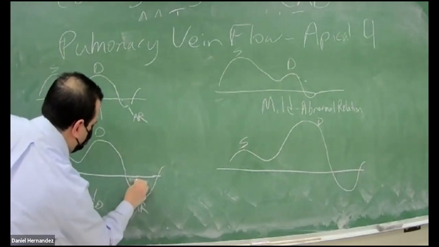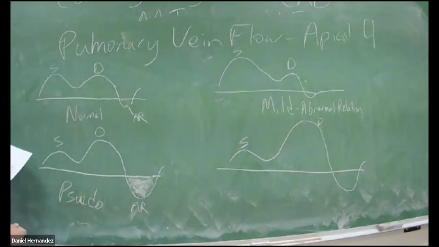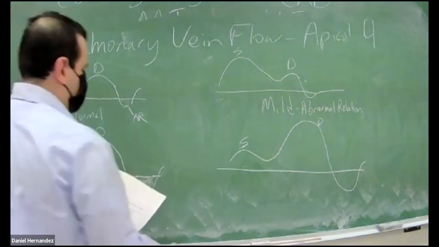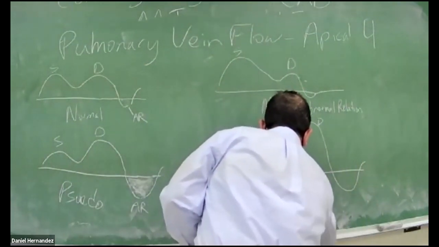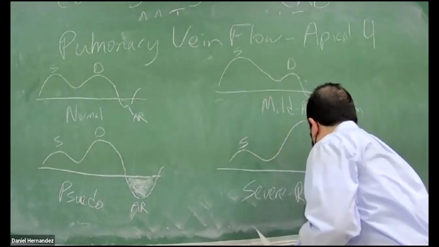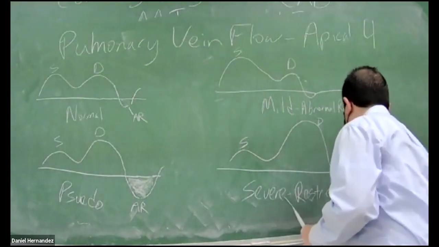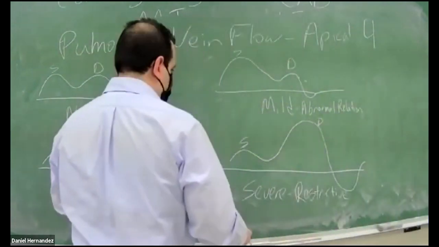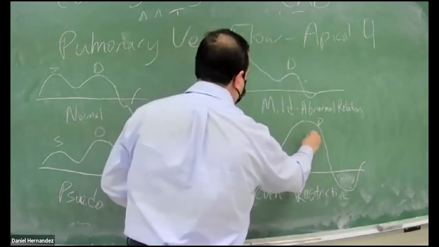So we wind up with more reversal in the pulmonary veins, and we have increased flow during the diastolic portion. And then this is the severe or the restrictive. So again, we have a large reversal area as well as much higher during diastole.